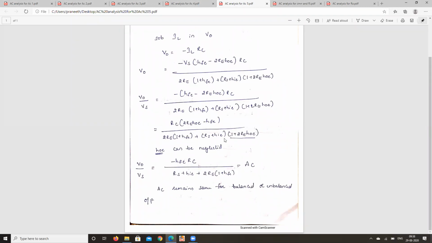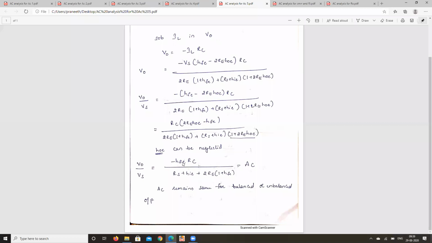If I neglect the HOE terms, what are the terms that are going to be eliminated? This term, RC into RC RE HOE, will be eliminated in the numerator. And in the denominator, this term 1 plus 2 RE HOE also will be eliminated.